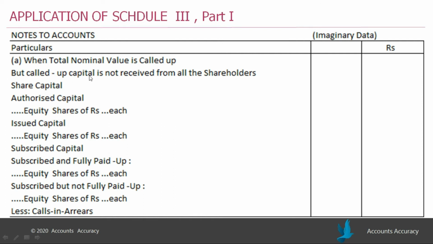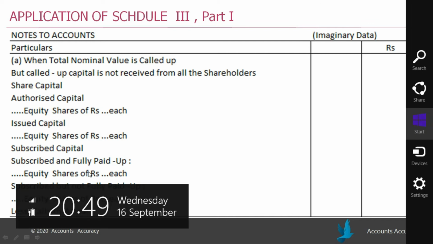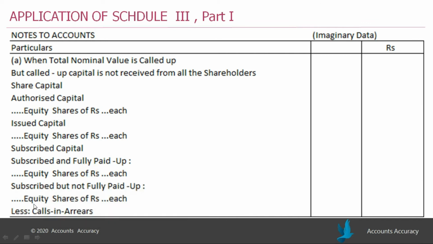But there may be a condition when a subscribed but not fully paid up situation arises. That happens when the company has called the total nominal value of the shares but has not received the called up amount.